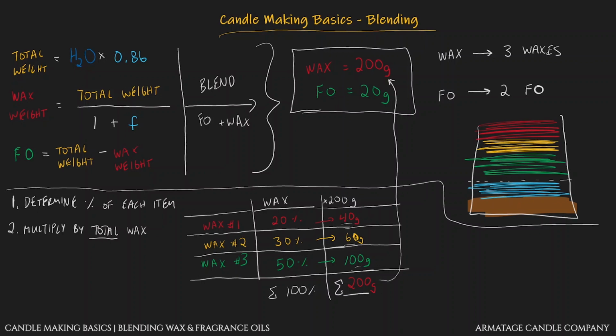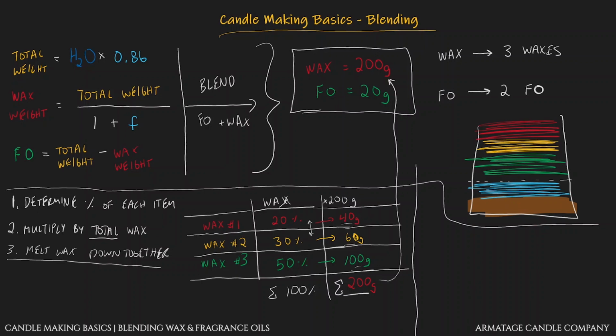I could move these percentages up and down as I please with later iterations, but for now I'm going to do 20, 30, 50, and it will leave me with 200 grams of wax. And it's really that simple. The third step is to then melt the wax down together, and then continue making your candle as normal.